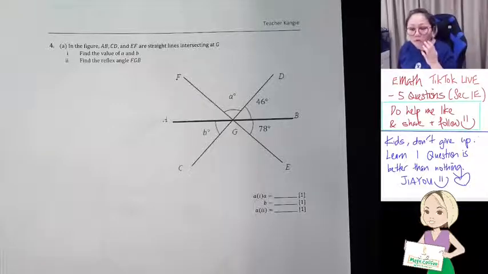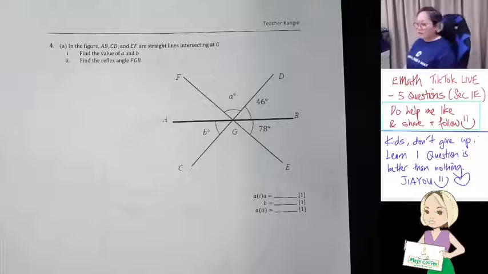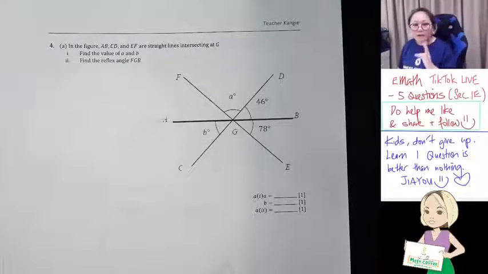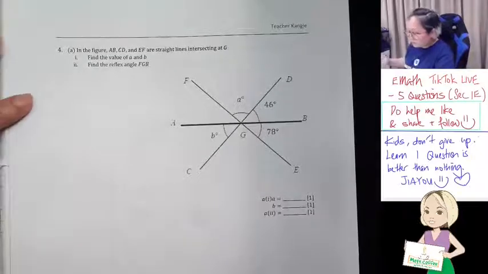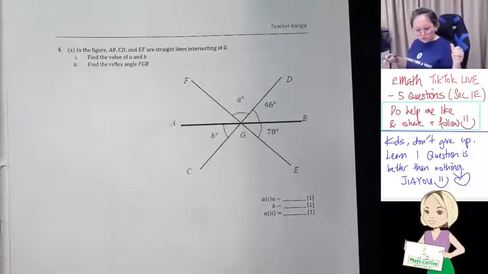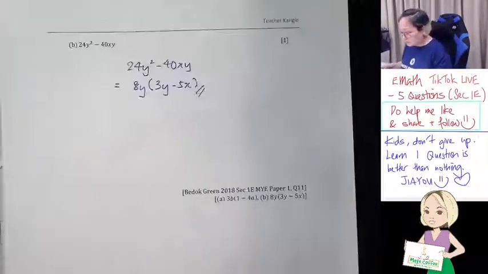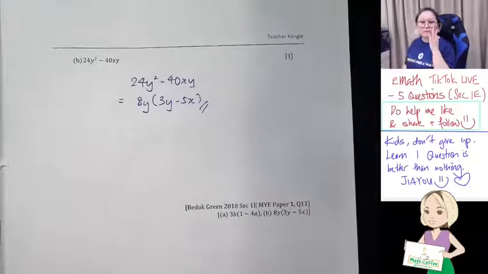Wow, I know you do already, you all know already. Okay, so kids, a lot of students know how to solve, but they always have problem writing out the reason. Now let's go to the previous question. This one. Taking out common factor.